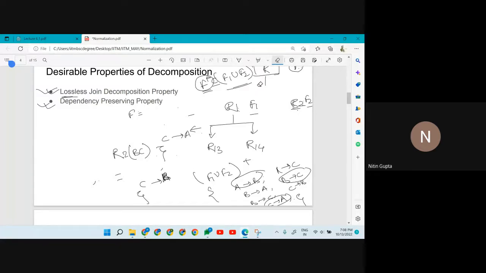Because the way you have taken all the functional dependencies and all possible combinations for the two sub-relations, it will always be a subset. So how will you know whether it is lossless? I will give an example in BCNF when we discuss BCNF. Then I will show you how the dependency preservation is violated.